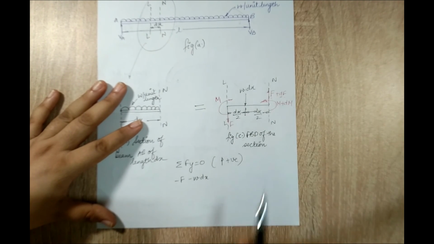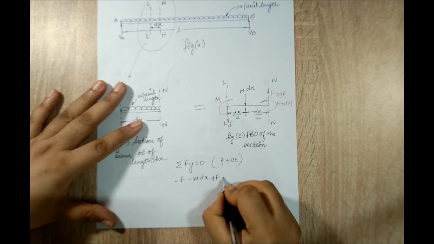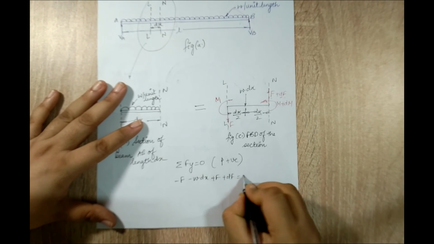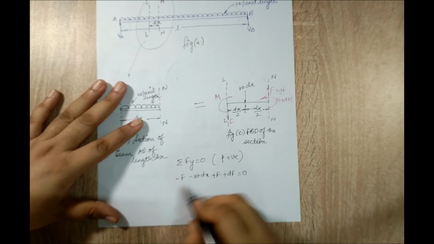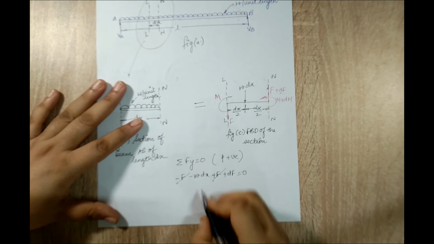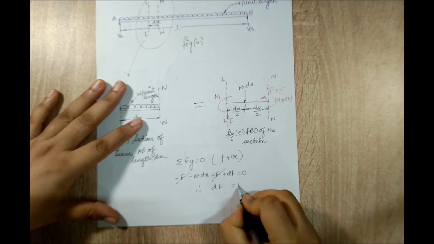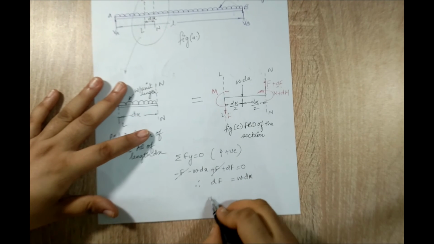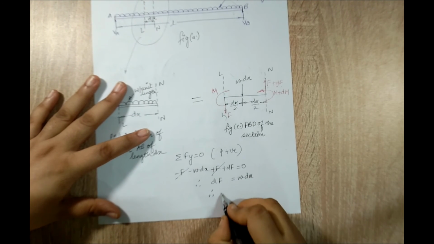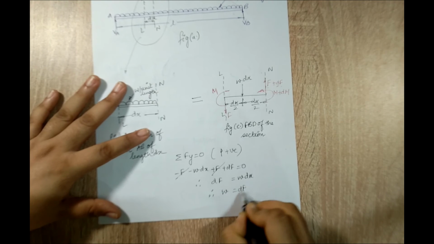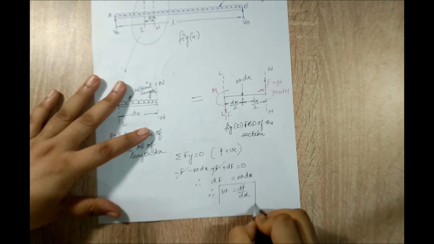And F plus dF going upwards, so I'll write plus F plus dF is equal to 0. This F and F get cancelled, so I get therefore dF is equal to W dx. Therefore, I can write down W is equal to dF by dx.